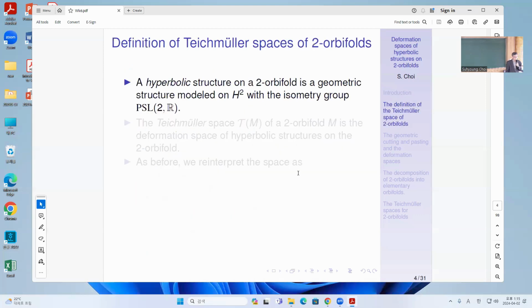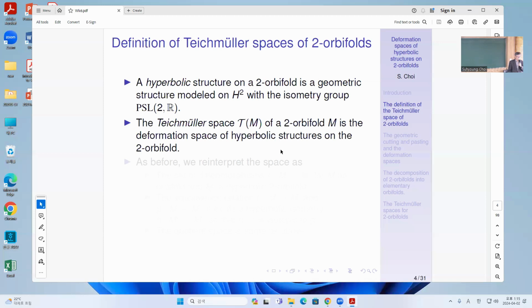So okay, what is a hyperbolic structure on the two-orbifolds? This is just a geometric structure modeled on H2 with the isometry group PSL2R. So considering H2 as the upper half space, okay, so using the upper half space model. So Teichmüller space is just the deformation space of hyperbolic structures on two-orbifolds.